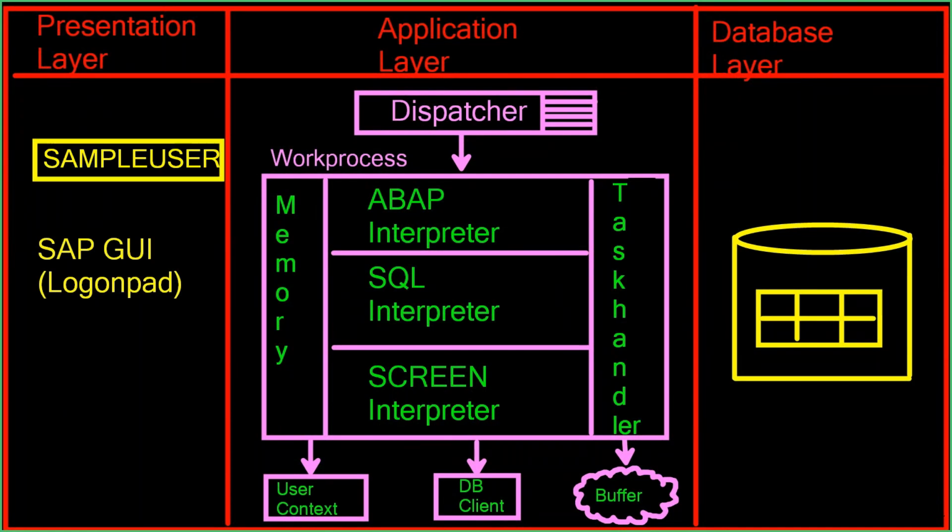Whenever the user logs into SAP, the user details are stored in user context. So username, password, and what permissions the user has. మన system లో ఏమేం permissions తన process తను perform చేయడానికి ఉన్నాయి, everything is stored in the user context. So whenever the user logs into the SAP application, the user details are automatically stored in user context.